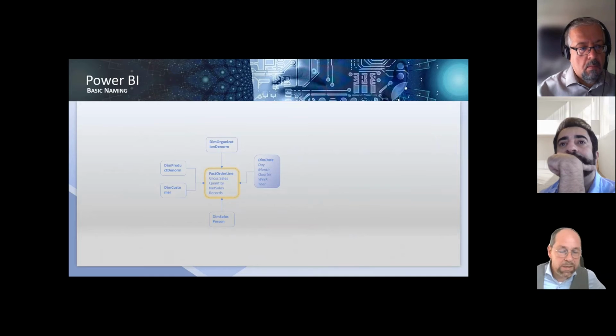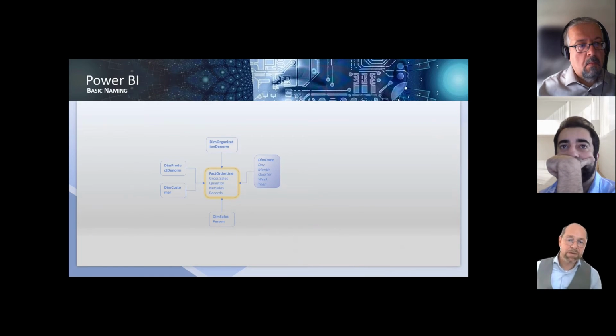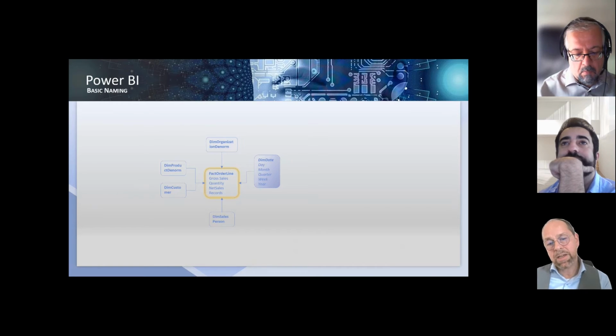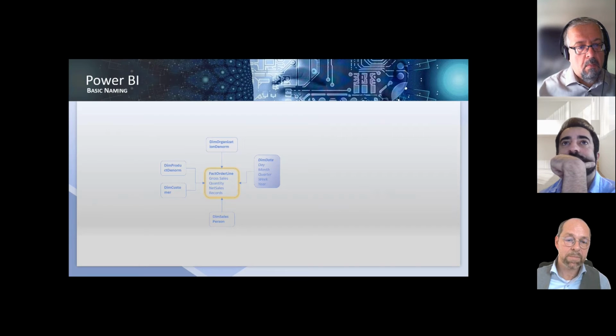Maybe just one excursus to the basic naming that we experience during our projects. Usually you take the names from your database, and sometimes some dimensions have a technical naming in the dimension name, such as dim product denorm. This means it's a dimension of products and it's denormalized.